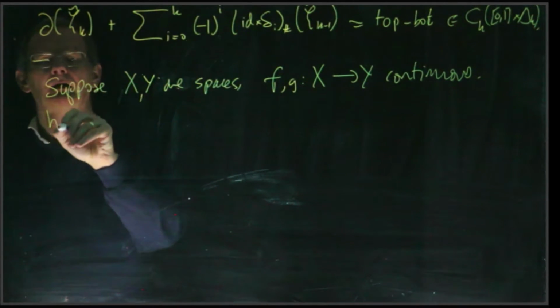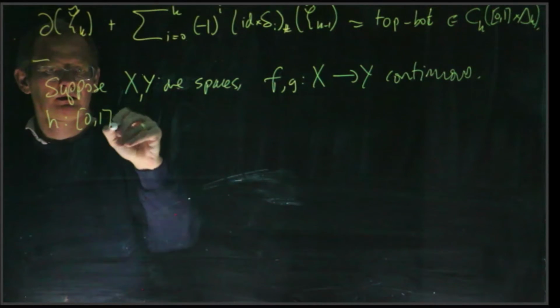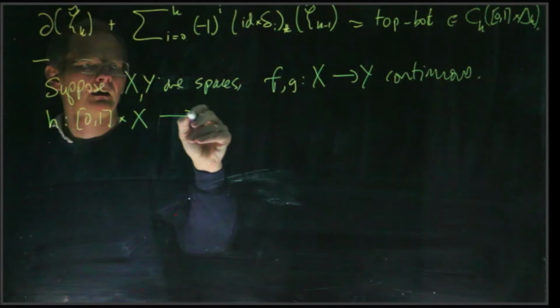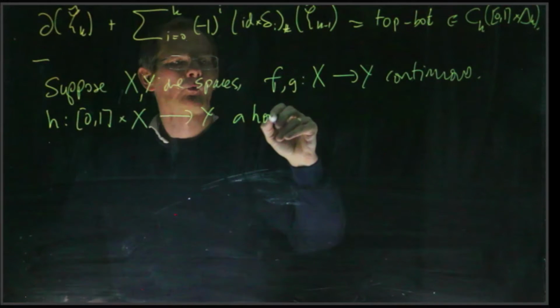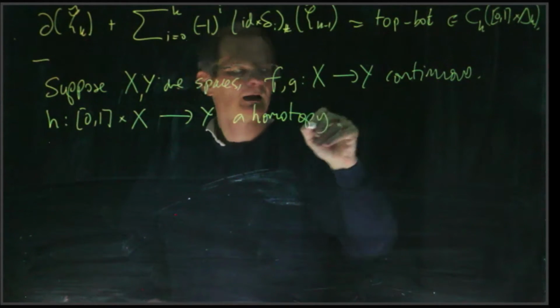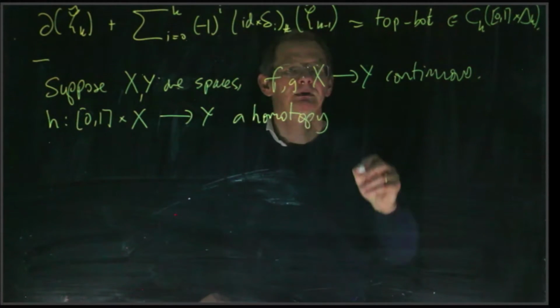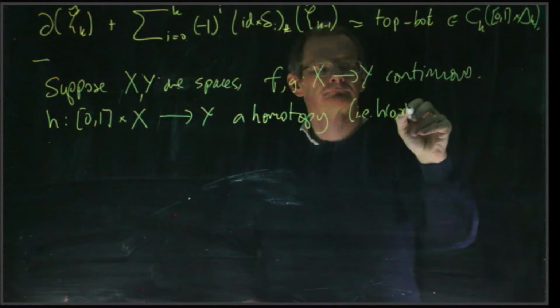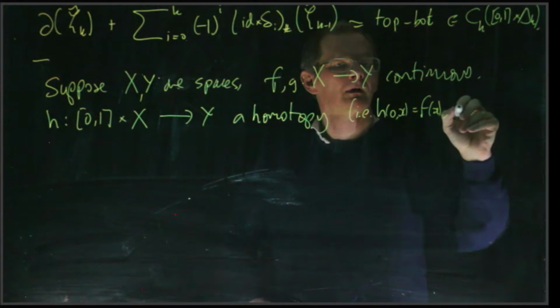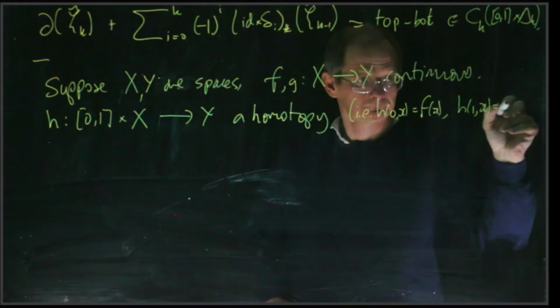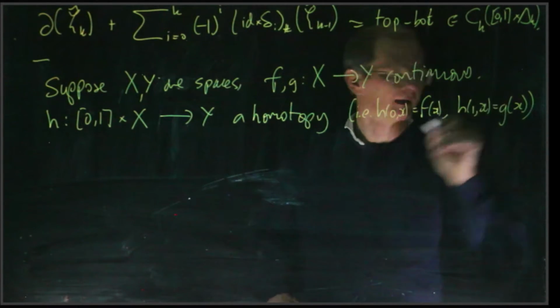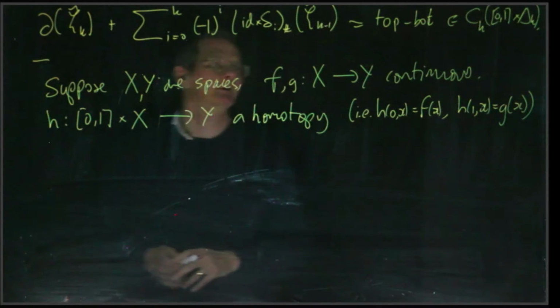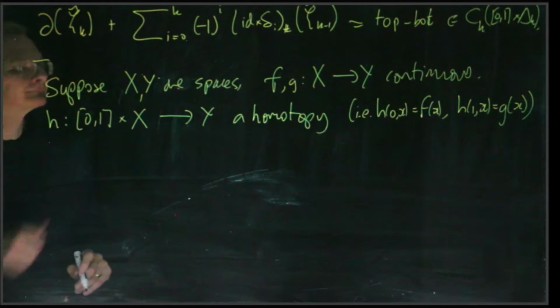And H is going to be a homotopy between them. So remember, that means that H agrees with f on the bottom and with g on the top.